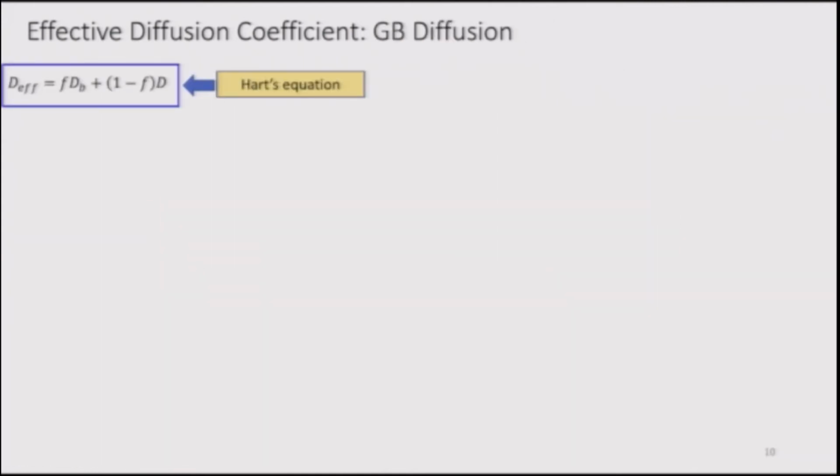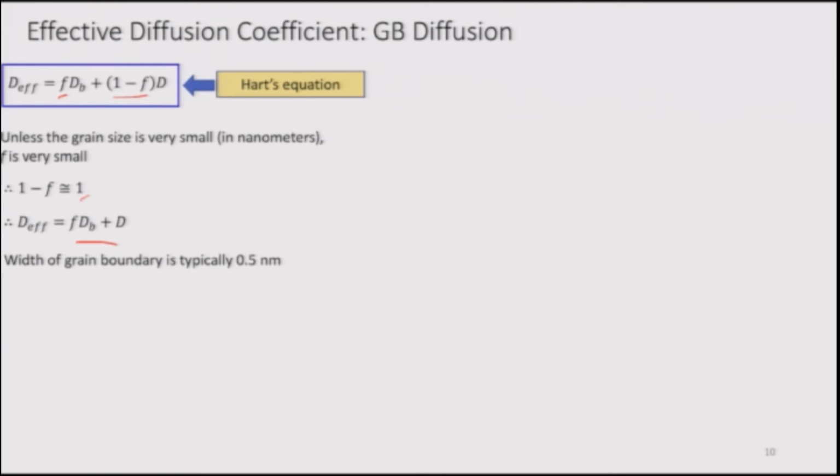So, Hart's equation gives the effective diffusivity, which is contributed by the grain boundary diffusivity as well as the lattice diffusivity, but we also need to consider the fraction of sites residing in grain boundary as well as in the grain. Unless the grain size is very small, in few nanometers, the fraction F is much smaller, and hence 1 minus F is approximately equal to 1, and we can approximately say D effective is equal to F times D_B plus D.